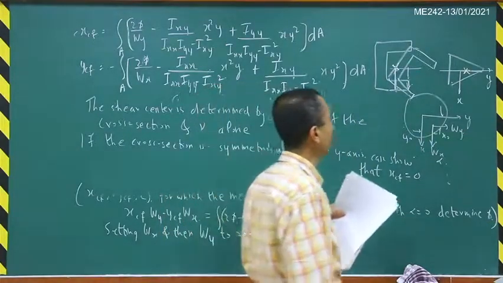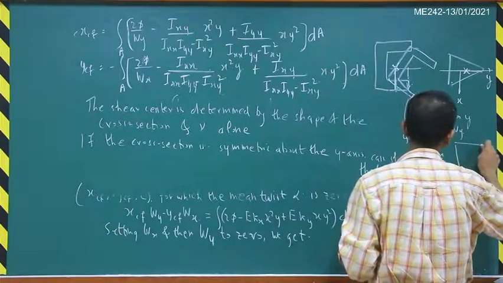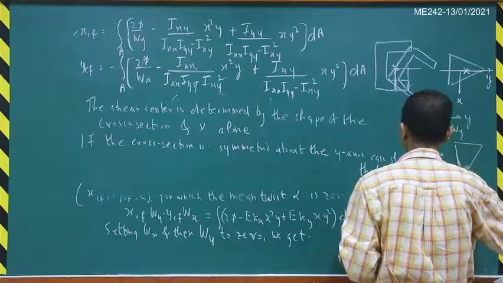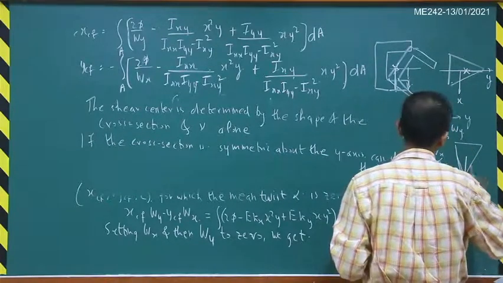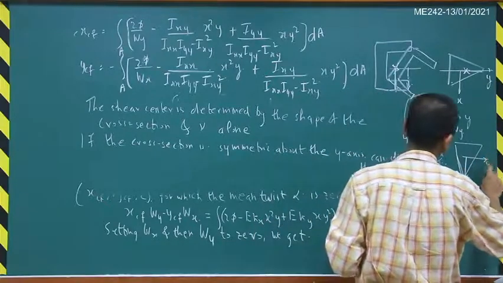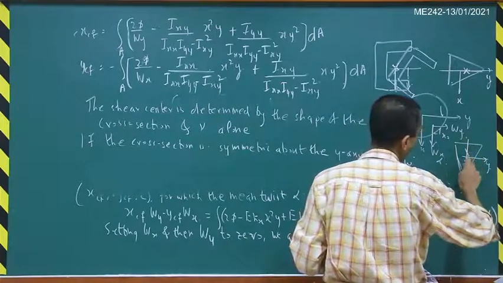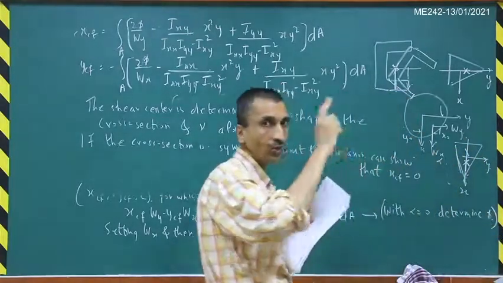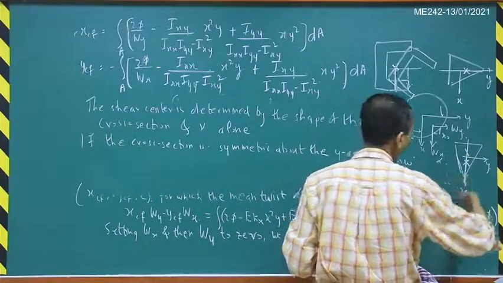Similarly, if you have a cross section that is symmetric about the x-axis, then YCF will be 0. So here in this particular case, you can see that it is symmetric about the x-axis. Then it is clear that the shear center will lie somewhere along this particular line. But we don't know where along that line, that we have to determine. But it will lie on this line.